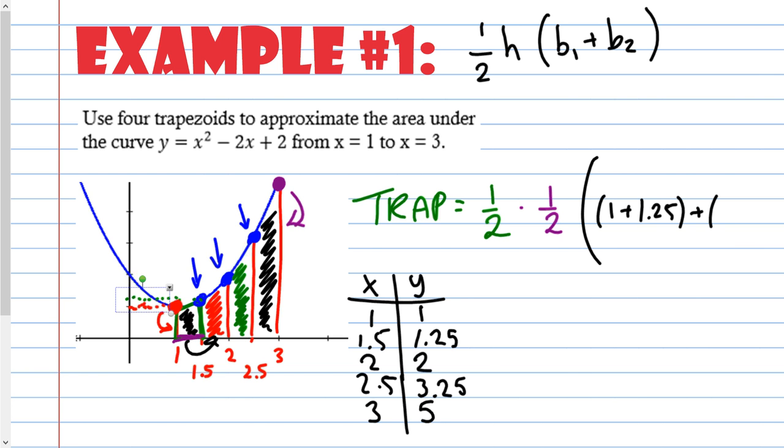So that would be 1.25 plus 2. Then I would add the next ones, which would be 2 plus 3.25. And then I would add, why is this not working?